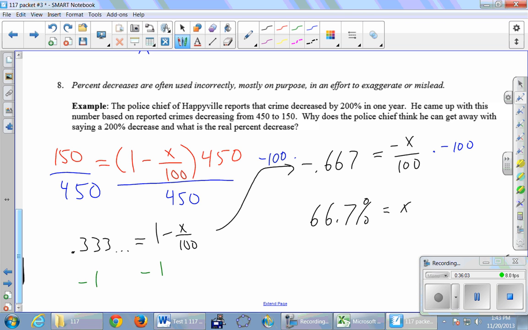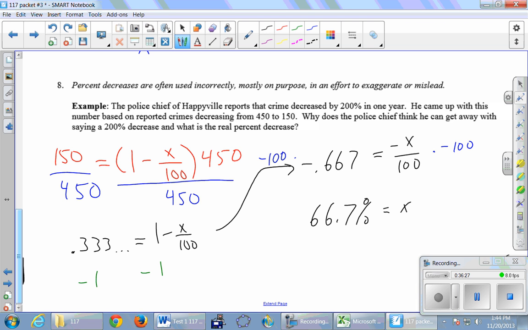So it's something around 67%, depending on where you round. Any questions on that one? Okay, so there was a decrease in crime of 67%, which is great.